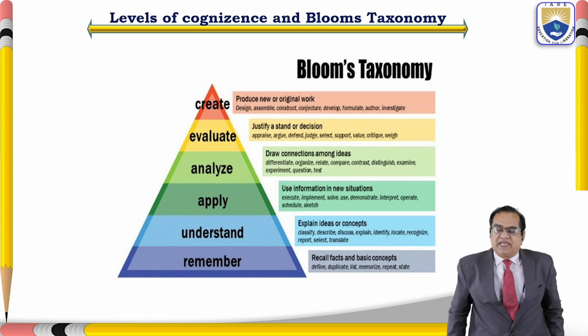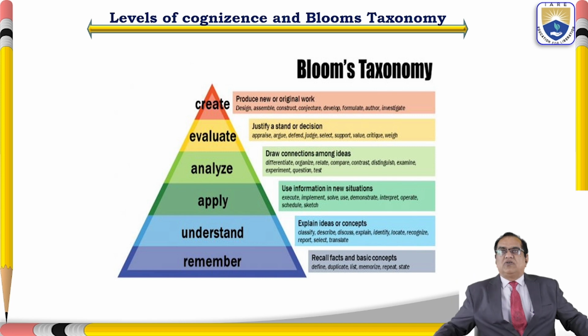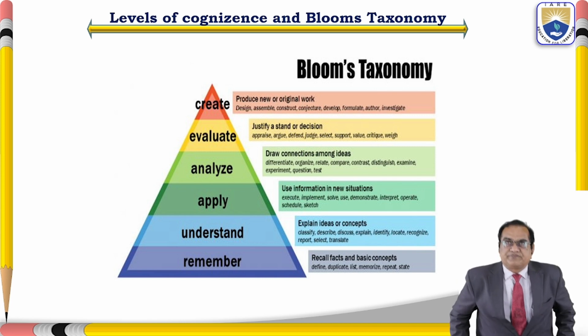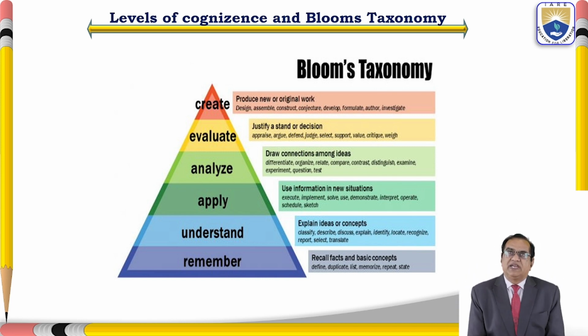Bloom has given some special verbs for the cognizance level of the student, how they can approach the system. If you see this triangle, the first one is remember. Remember is the lowest level of cognizance.